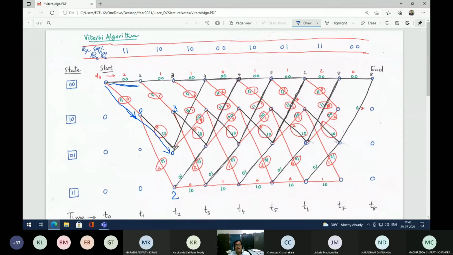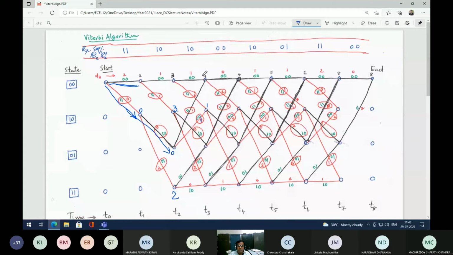From here, there are again two paths. If I move from here to here, how much is the Hamming distance? This is only 1, right? So 0 plus 1 is 1 here. From here, if I move, 0 plus 1 becomes 2.